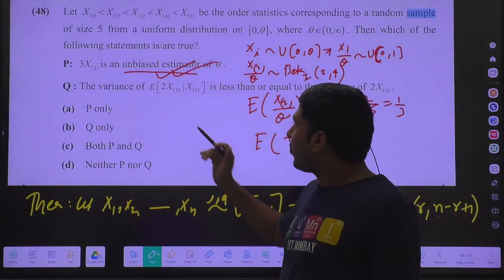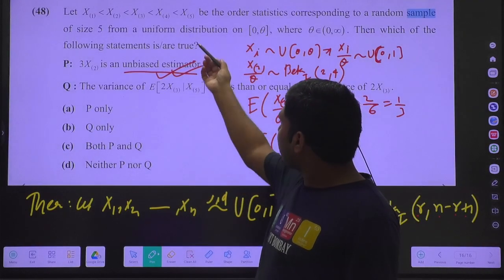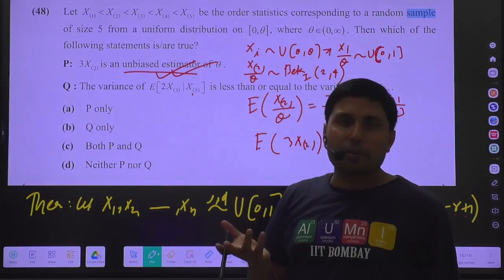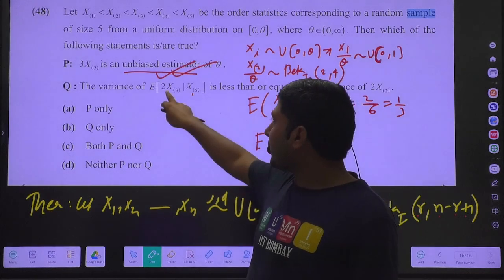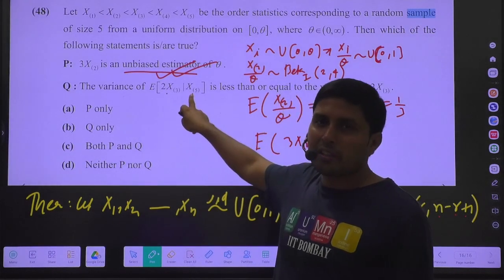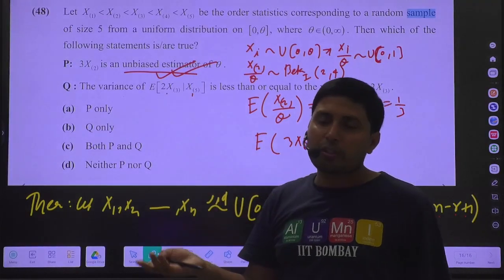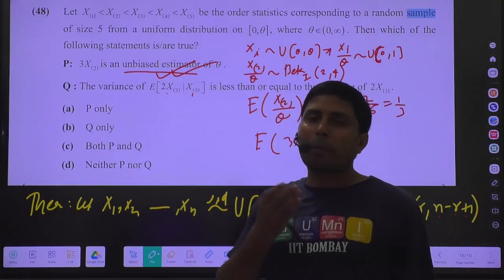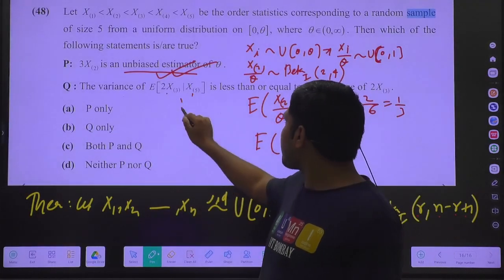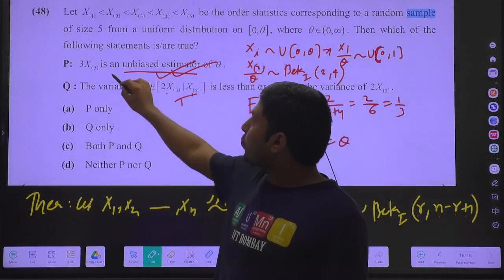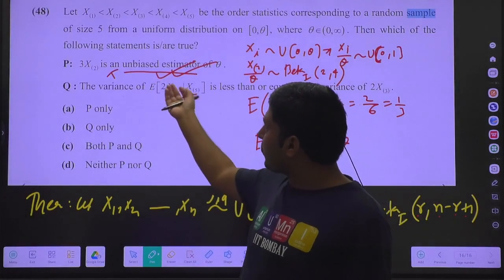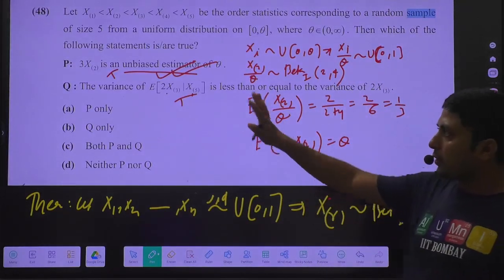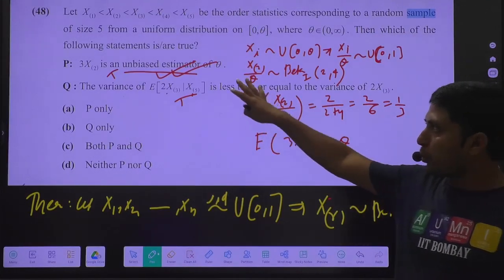For uniform 0 theta, the fifth order statistic is a complete sufficient estimator, and unbiased given sufficient is more efficient than unbiased alone. That is the Rao-Blackwell theorem, and that's why this is also a true statement. So both are true statements.